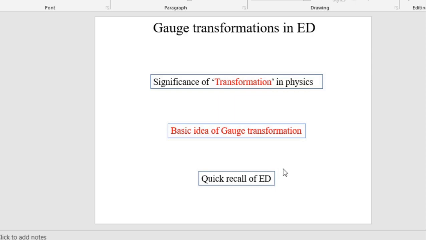So we will start with Maxwell's four equations, which we have already discussed, and these equations involve the electric field and the magnetic field. After that we will introduce the electromagnetic potentials.